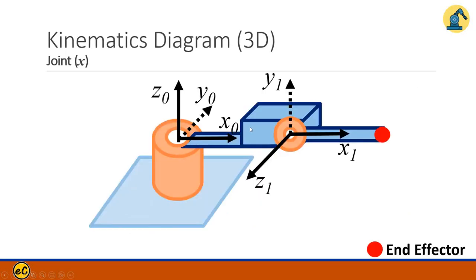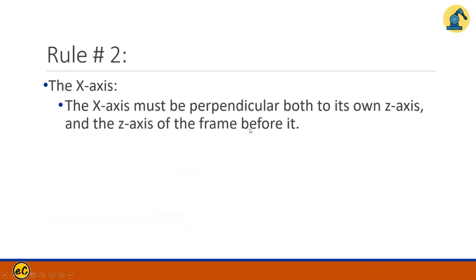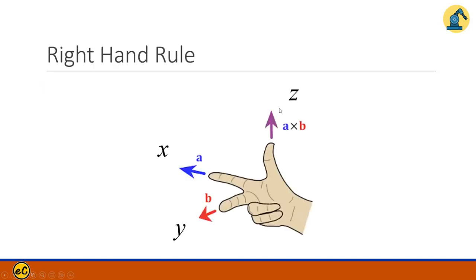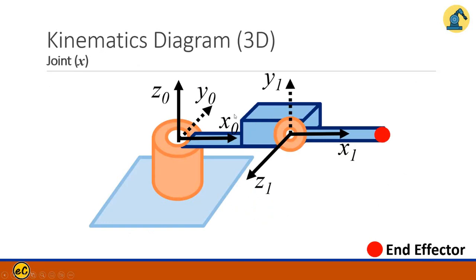So let's go back here. It must be perpendicular to its own z and the z of the frame before it. Let's look at what it means.